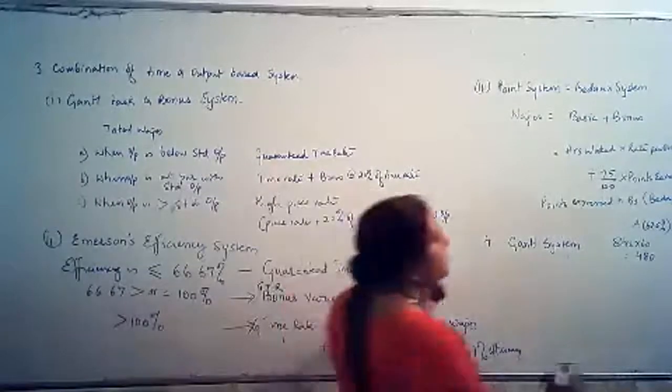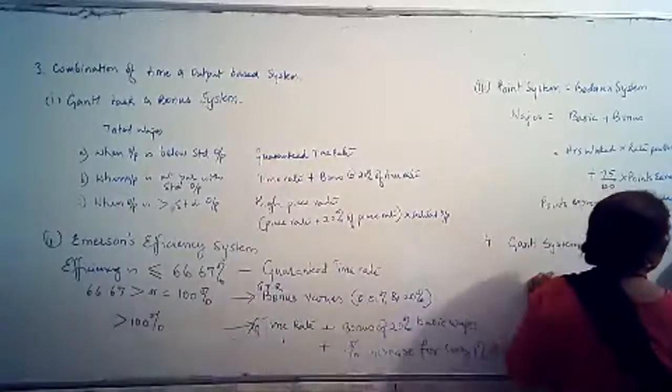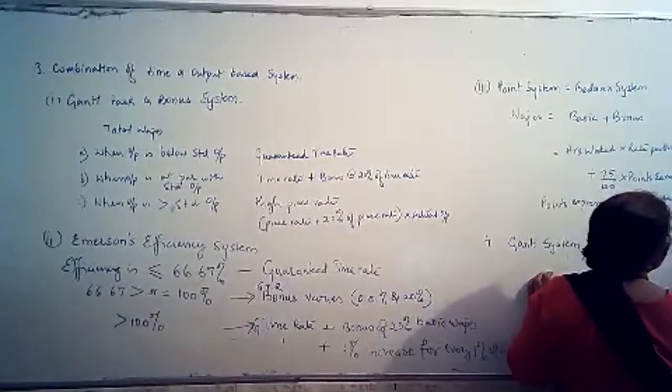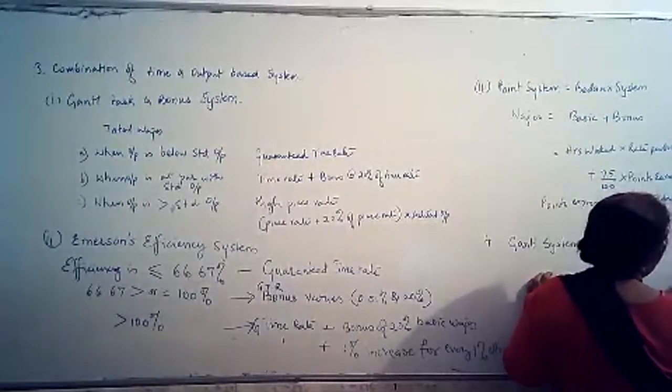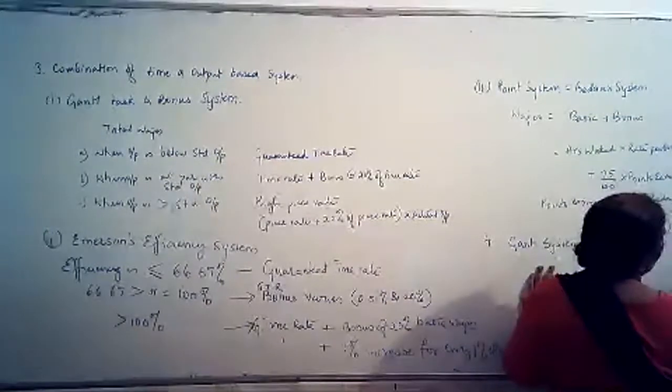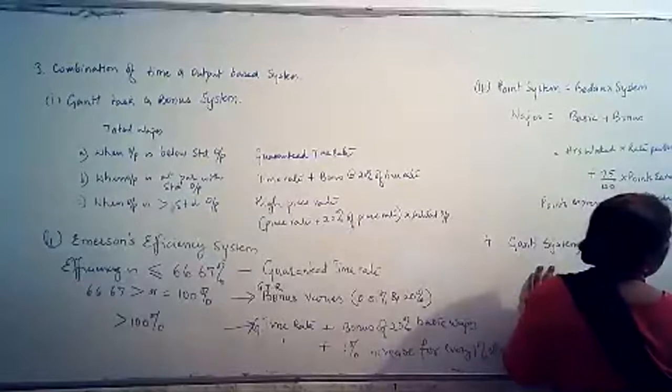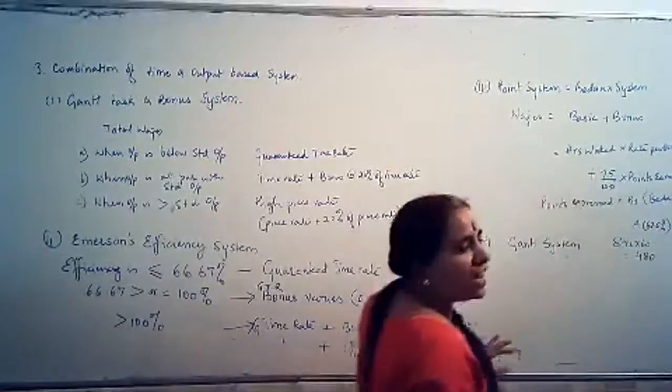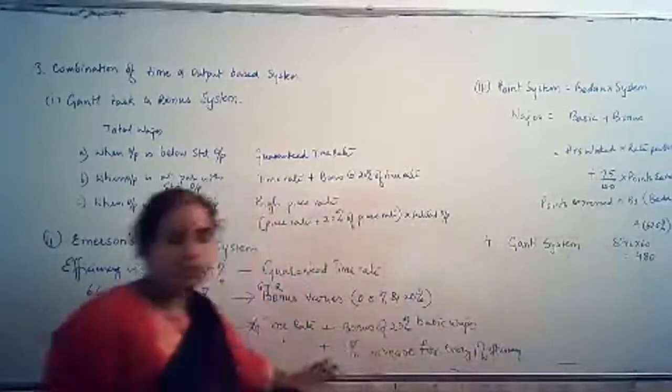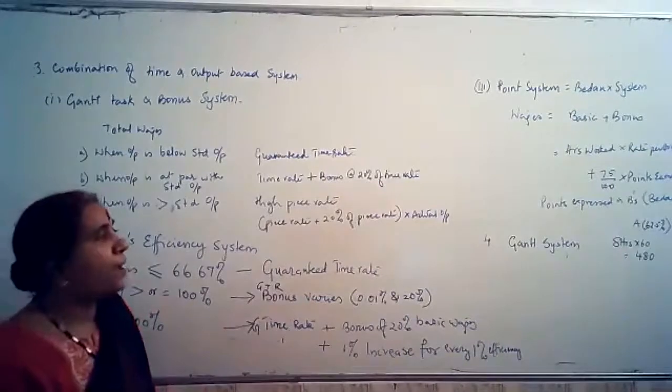As per the information given, 8 hours into 60 rupees, that is 480, plus bonus he will get 20%. 20% of 480 is 96 rupees. So the total amount is 576 rupees, the wages for B.